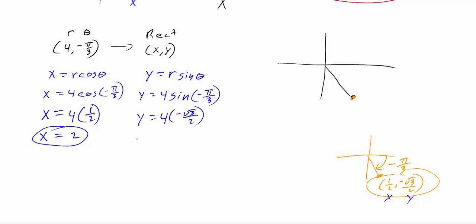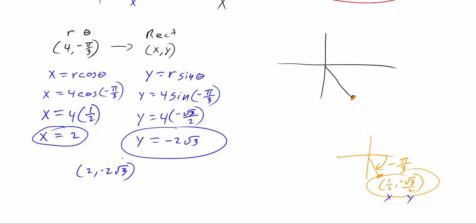And if we multiply that, we can end up with a y value equal to a negative 2 square root of 3. So therefore, your x coordinate would be 2, and the y coordinate is negative 2 square root of 3. So we now have converted this from polar to rectangular.